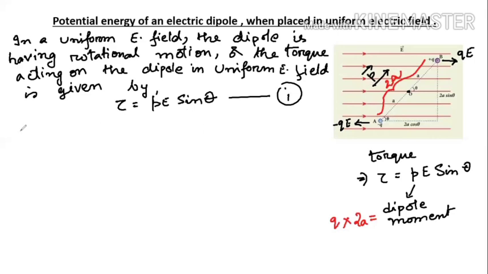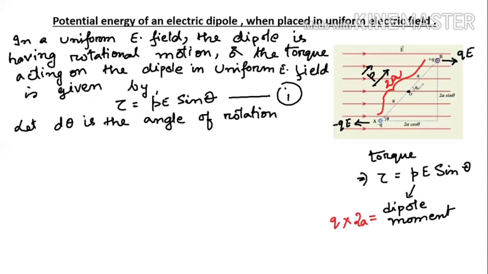Then let's say that d theta is the angle of rotation. Since your dipole is rotating, there is a certain change in angle, even though there is no change in its position, because you don't have translatory motion.